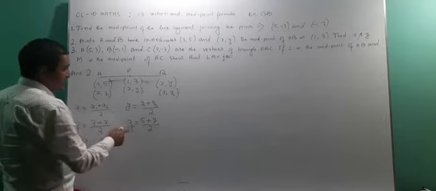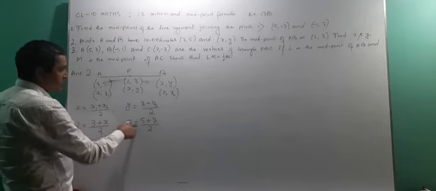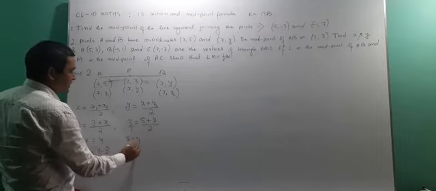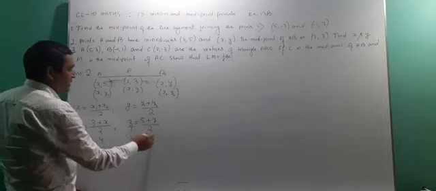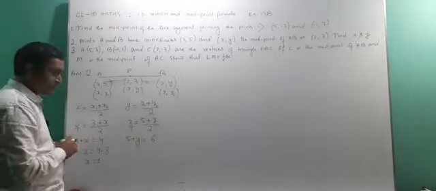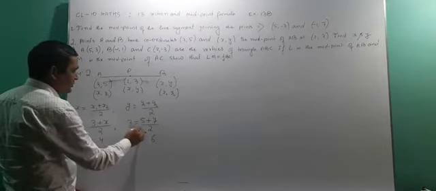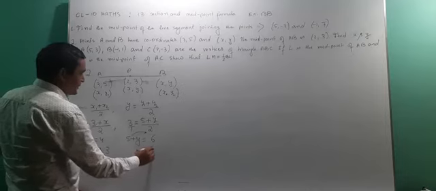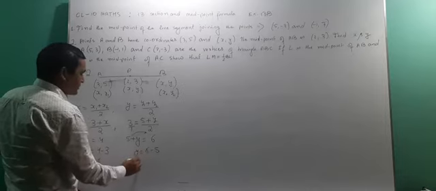Similarly, do the cross multiplication here. 1 multiply 5 plus y is 5 plus y, then 3 multiply 2 is 6. Now take the number to one side: y equals 6 minus 5, y equals 1.